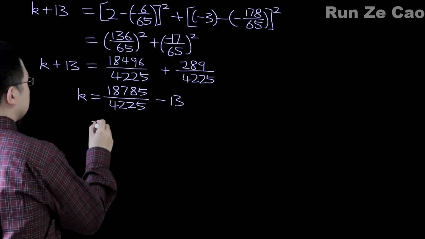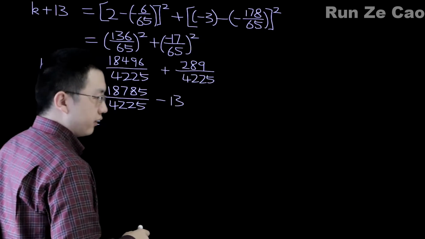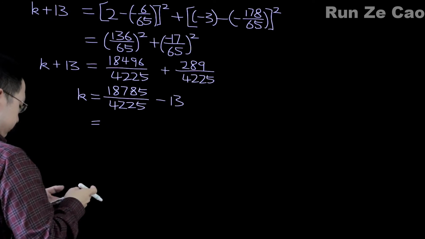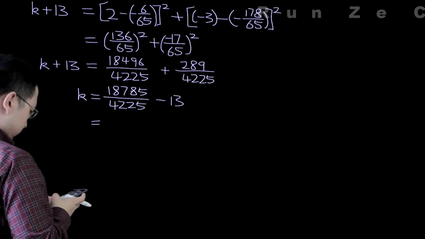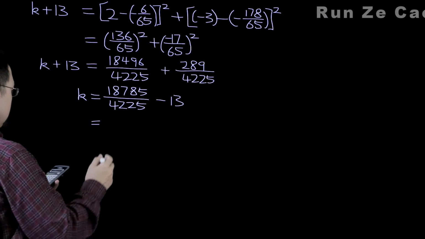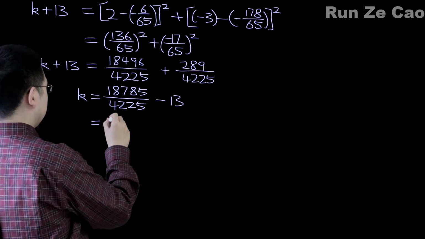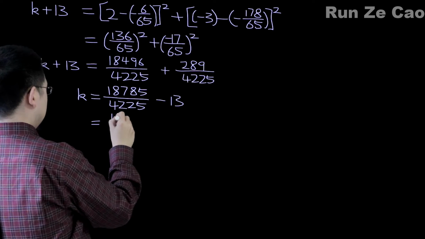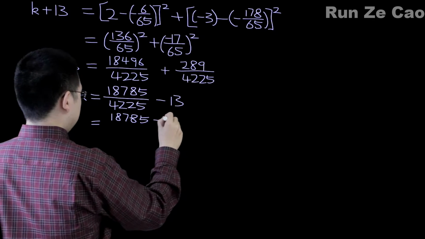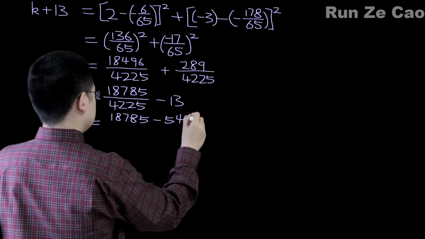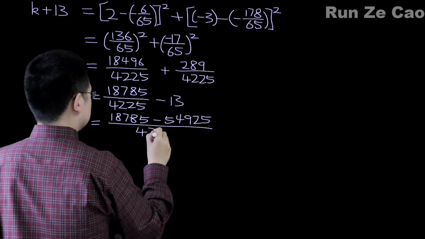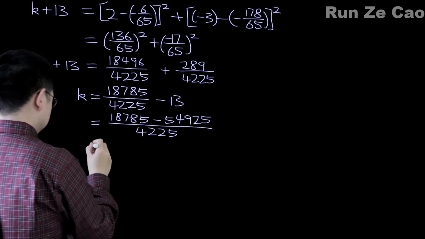Okay, we're going to reduce the actual fraction to simplest terms later, but for now, 4225 times 13 is equal to 54925 over 4225.